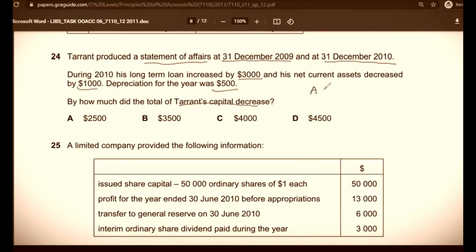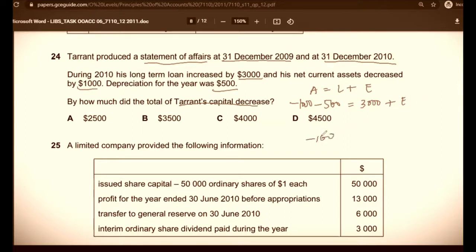So let's look into the accounting equation and see what's happening. My asset side decreased by $1,000. Depreciation will also decrease it by a further $500. I got a loan of $3,000 plus the equity, and I have to calculate the effect on my equity.